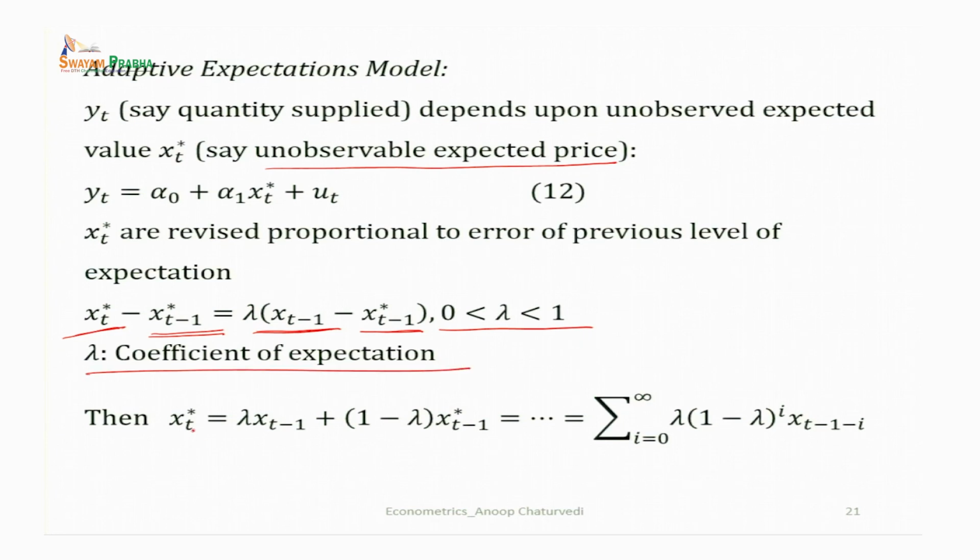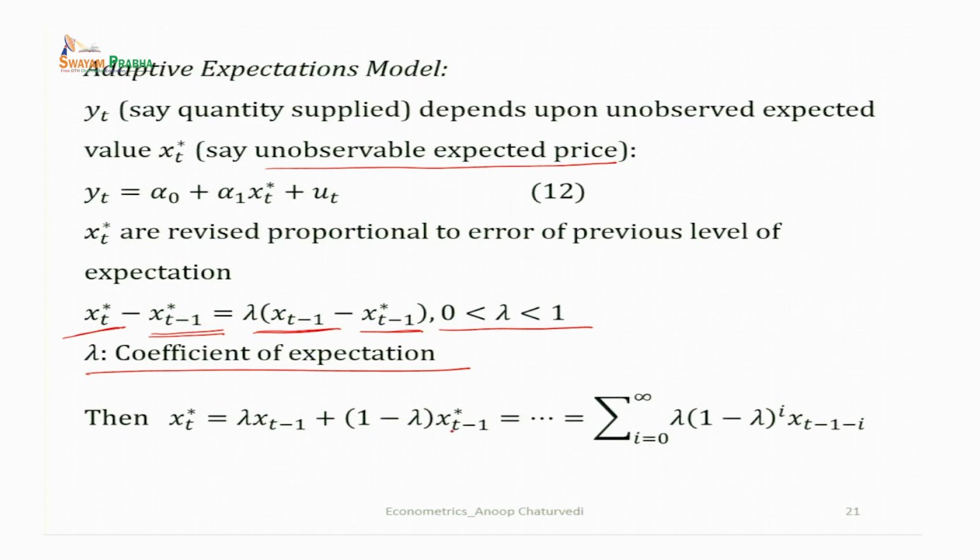Then x_t* is equal to lambda x_{t-1} plus (1 minus lambda) x_{t-1}*. You simply take this x_{t-1}* towards the right hand side. So, you get x_t* equal to lambda x_{t-1} plus x_{t-1}* minus lambda x_{t-1}*.